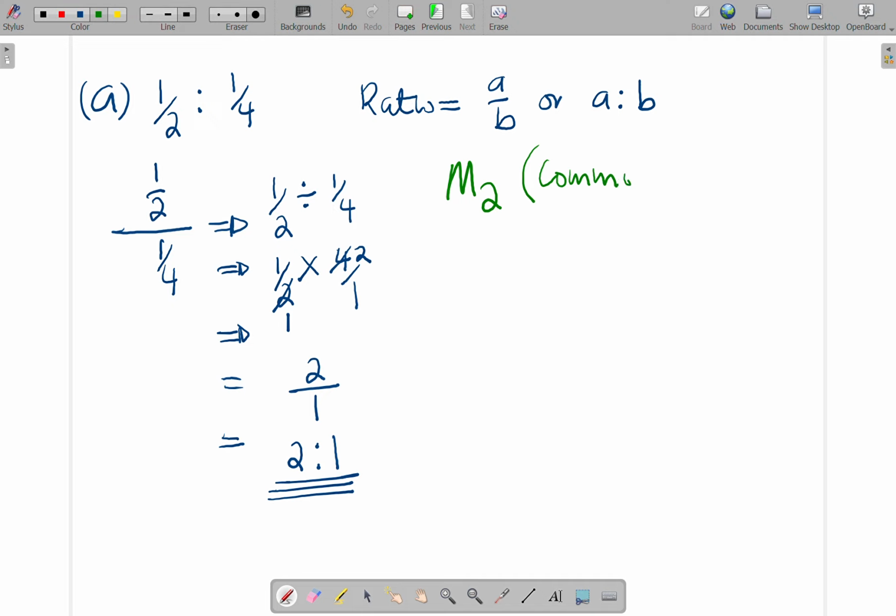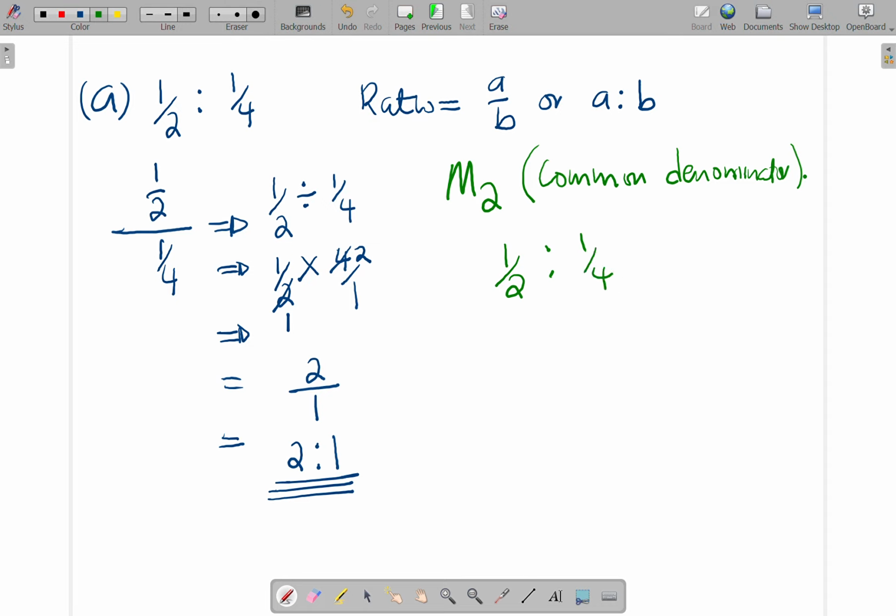Here I have my given ratio as 1 over 2 to 1 over 4.